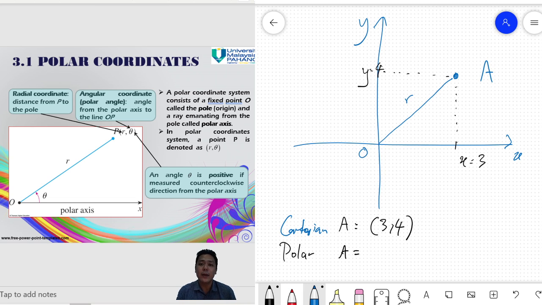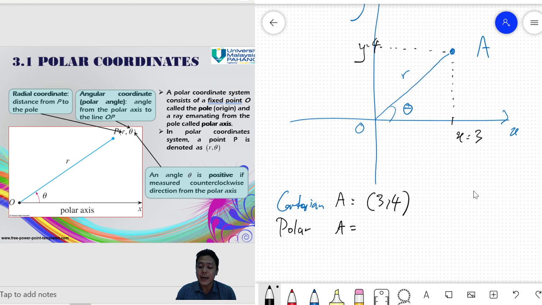For example, we name the magnitude of this line as r, and it can also measure the angle from the horizontal axis x to the line r. Two things can be represented by the polar coordinates: the first one is the distance, or r, and also the angle.